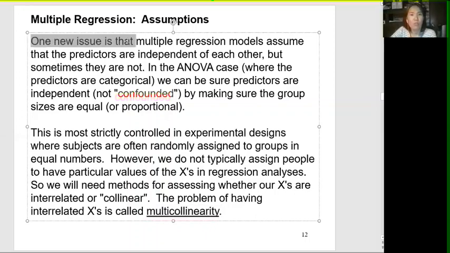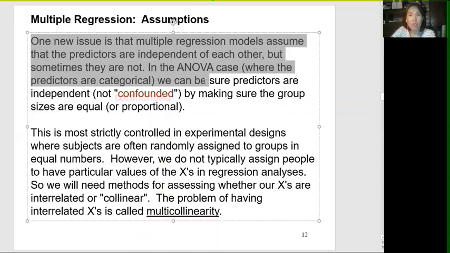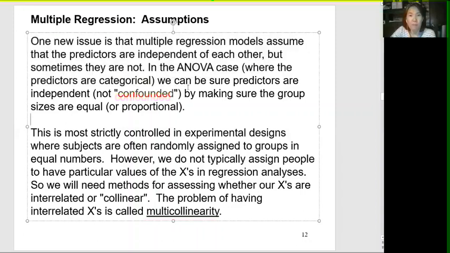One new issue is that multiple regression models assume that the predictors are independent of each other, but sometimes they are not. In the ANOVA case, where the predictors are categorical, we can be sure predictors are independent, not confounded, by making sure the group sizes are equal.